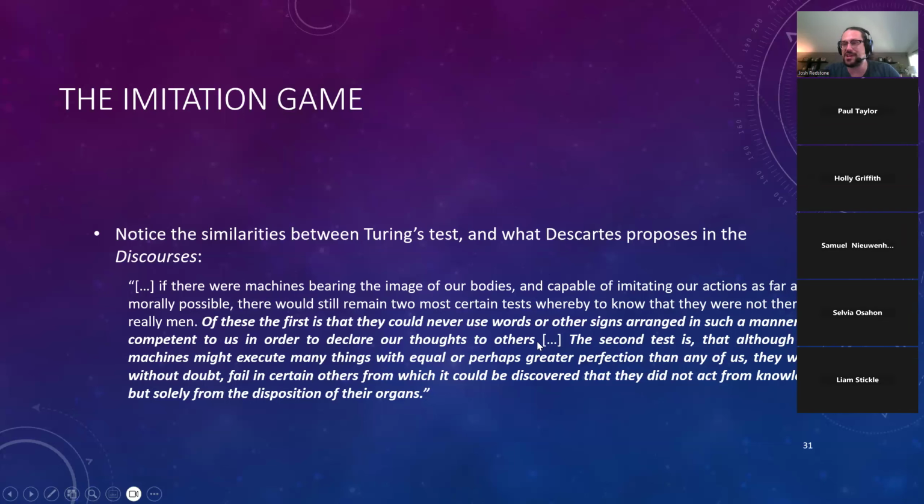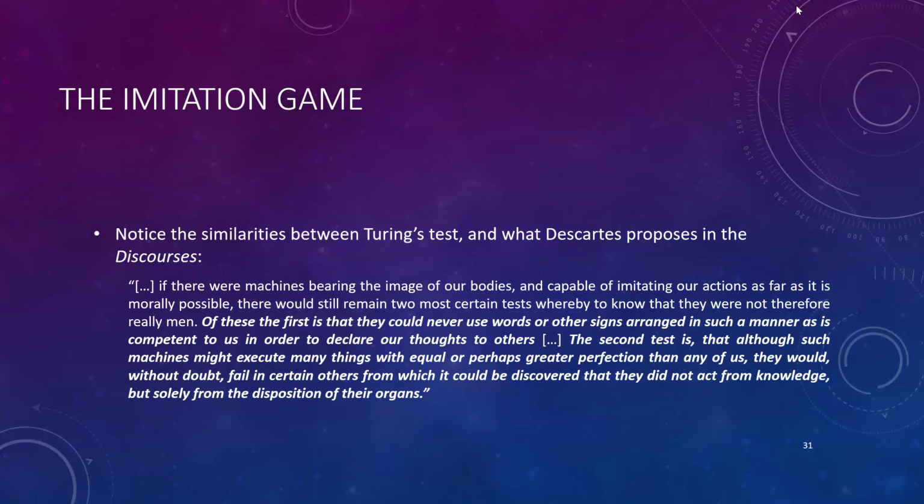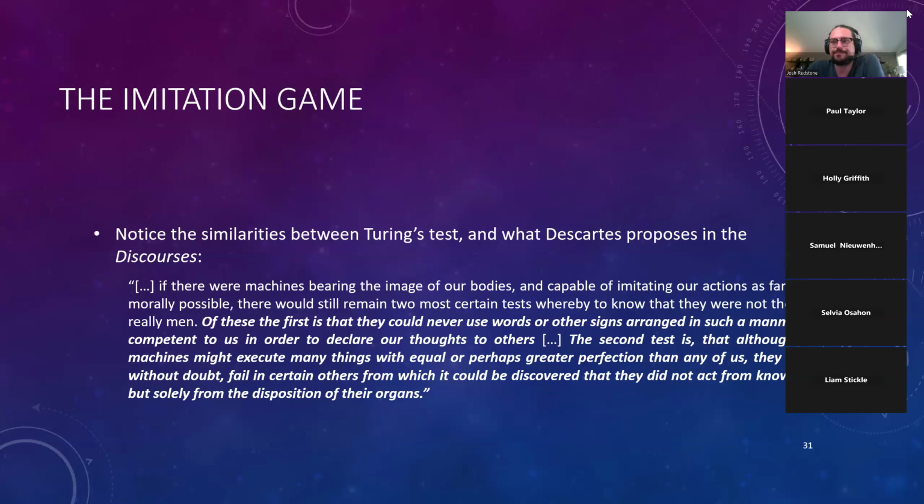Notice this is very close to what Hobbes thinks thinking is. The second test is that although such machines might execute many things with equal or perhaps greater perfection than any of us, they would without doubt fail in certain others, from which it could be discovered that they did not act from knowledge, but solely from the disposition of their organs. Right?